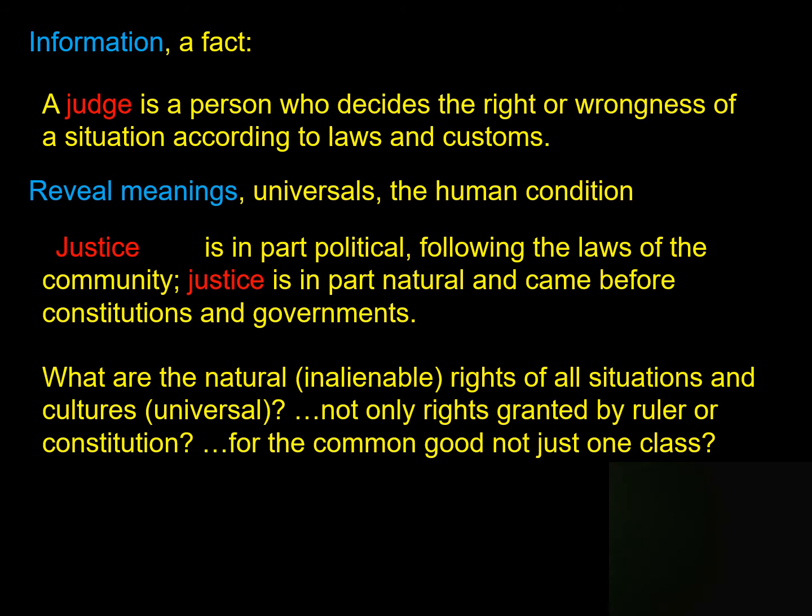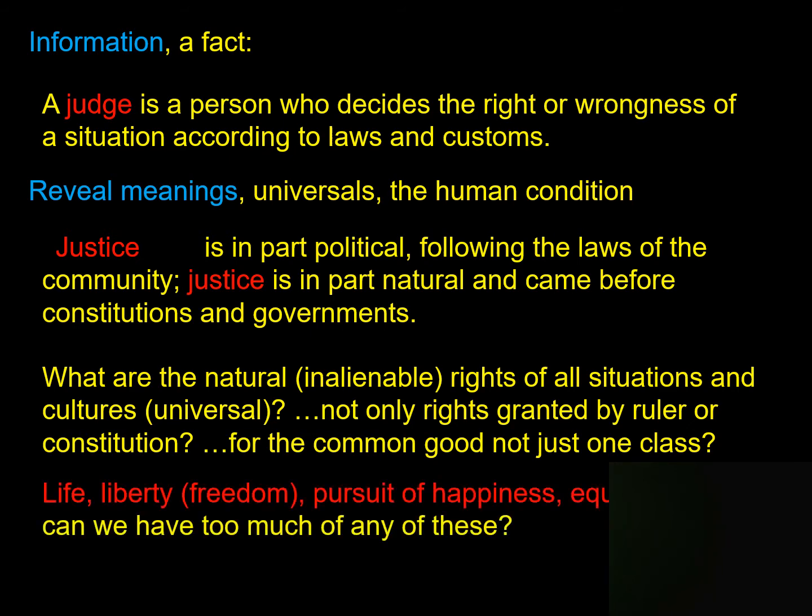So here, universal. Not only the rights granted by the ruler or the Constitution, and those are the legal sides of justice, but the much broader: what is good for all, not just one class of people? Sorry, you can't see all of this.